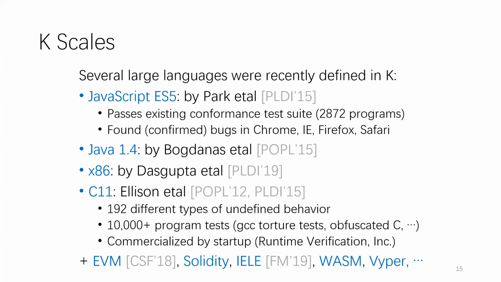And recently, we looked at the semantics of blockchain languages, such as the low-level Ethereum VM bytecode, Solidity, Wasm, Viper, Yul, and so on. And all these language semantics have been thoroughly tested on large benchmarks of programs, just like how other compilers and interpreters are doing. And many other large K semantics are under development at this point. So the conclusion here is that K scales and is practical.